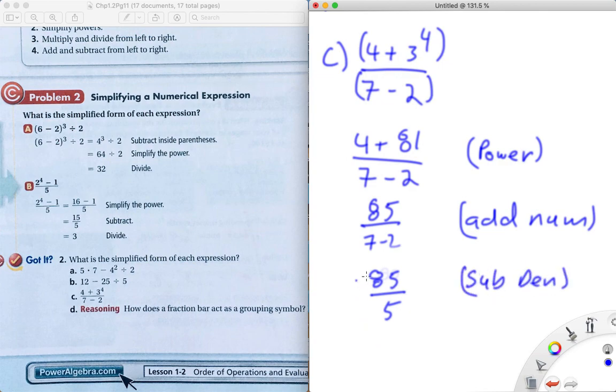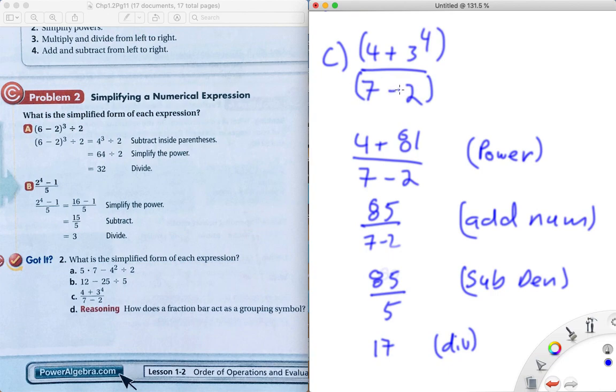And then 85 divided by 5 is 17. And we divided. And it's all because these things are sort of considered in parentheses first.